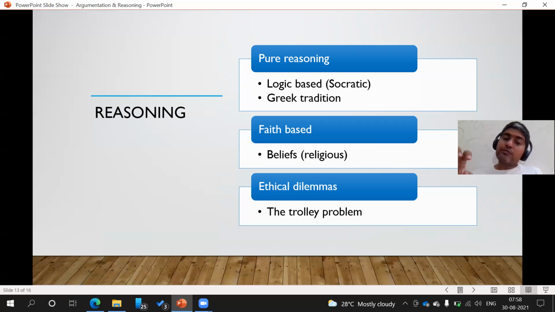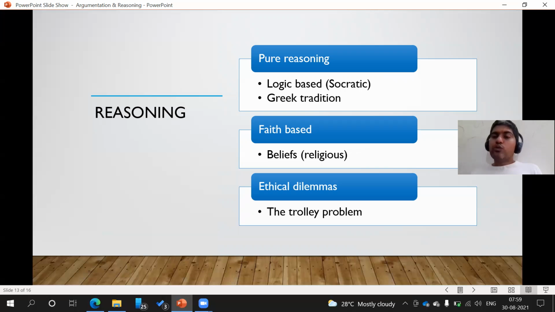Now, the faith-based reasoning goes like this: all that is true has been written in these sacred texts, so I cannot accept anything other than what has been written there. Or let me take another faith-based reasoning: last night God came into my dreams and asked me to slap you. In the morning I woke up, I came to the office and slapped you, bang, and I gave this reason. Will you trust that? Will you believe that?